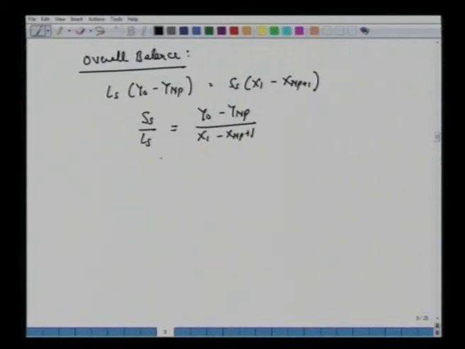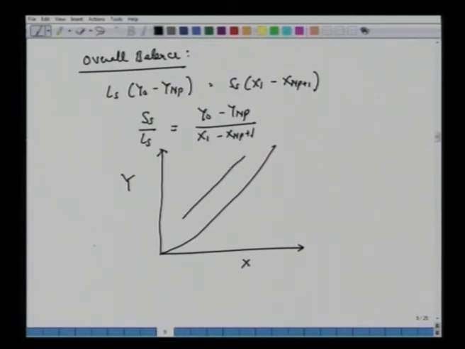Alright, we can plot or explain graphically again y versus x. Let's say we have this equilibrium curve like this, and we have now the operating line. So what is the operating line? This connects your bulk phase concentrations ynp, x1 and xnp plus 1.